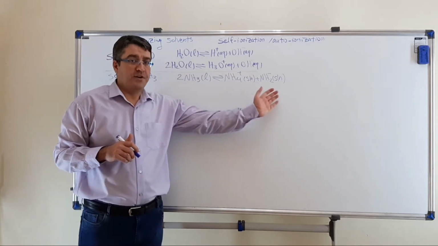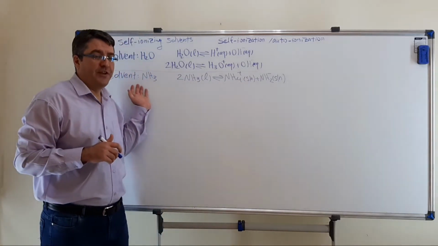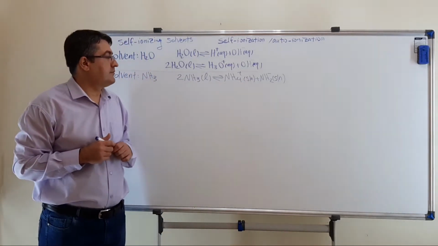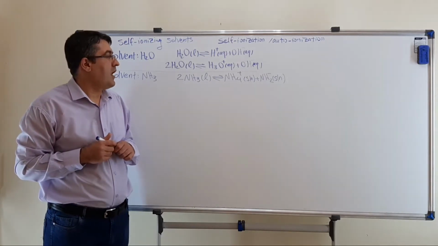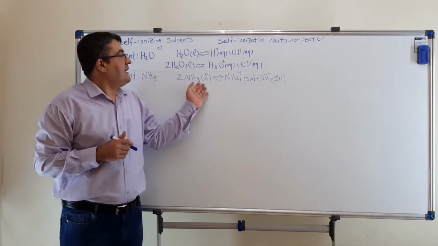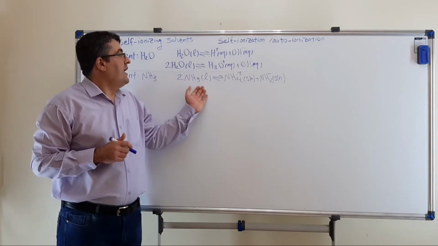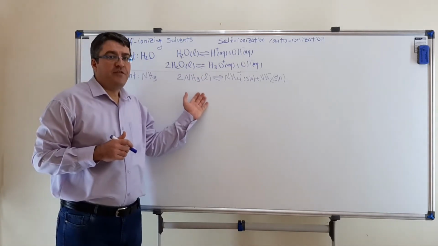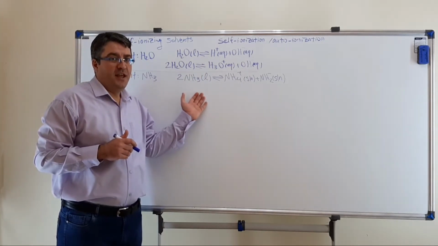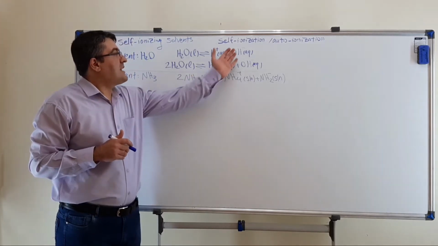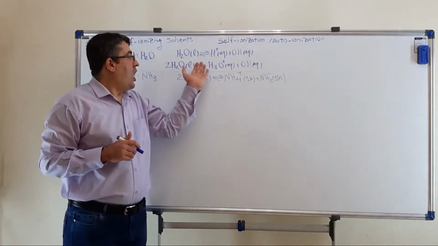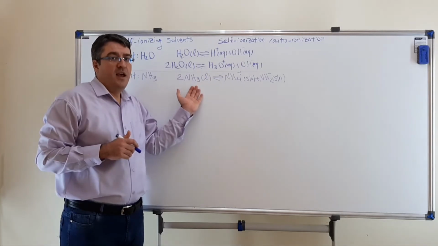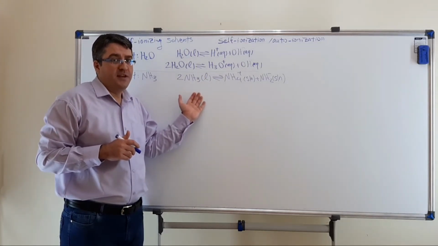There is no water here. Solvent is different. We see that in these two reactions, we have transfer of H+. So, self-ionization reactions of these two solvents are also proton transfer reactions.